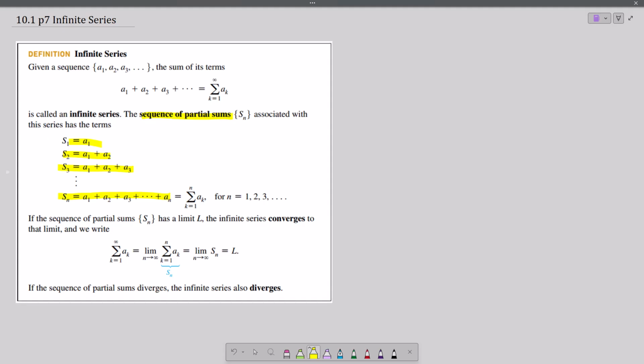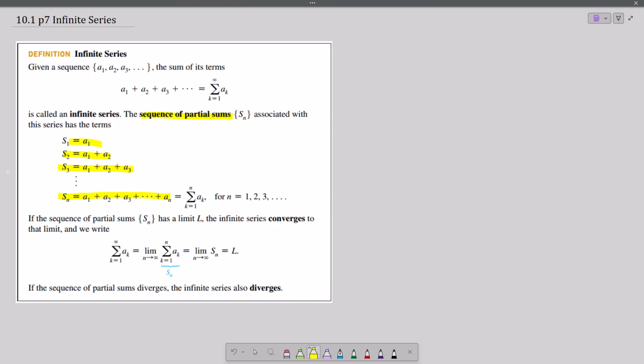And very important, S sub n is the sum of the first n terms, no matter what the index is. If this starts at 0 instead of 1, the last term would be a sub n minus 1. S sub 5 is the sum of 5 terms.